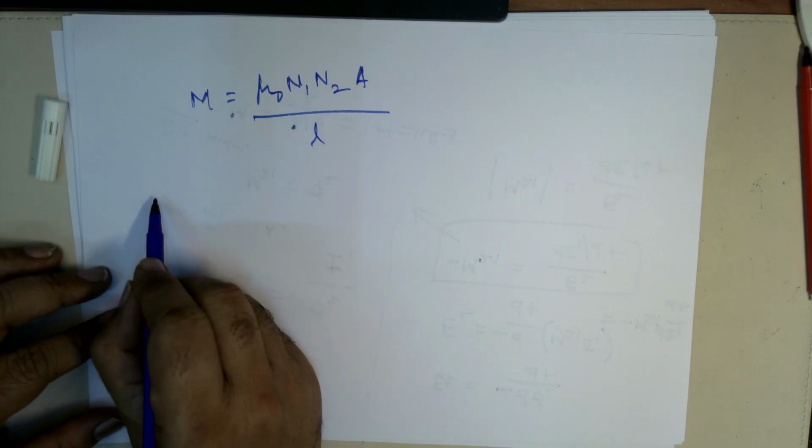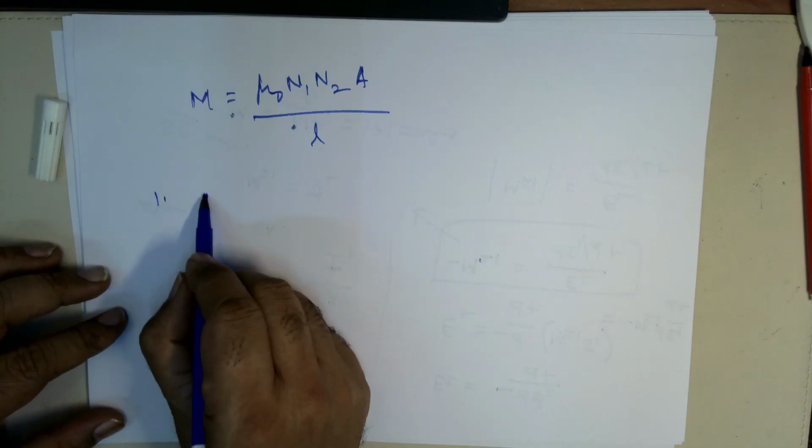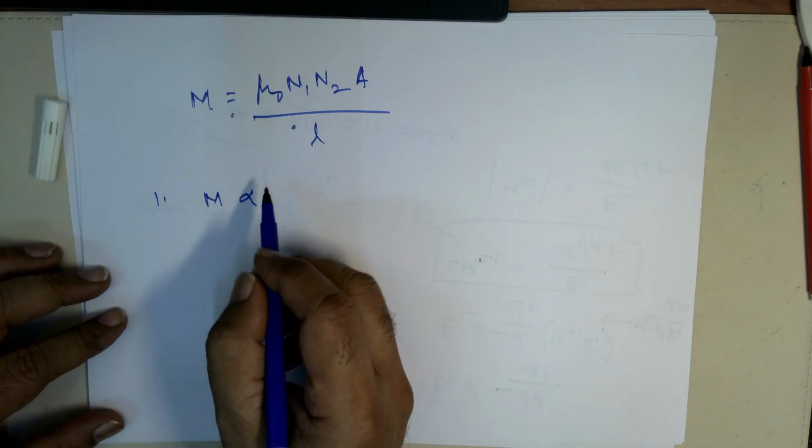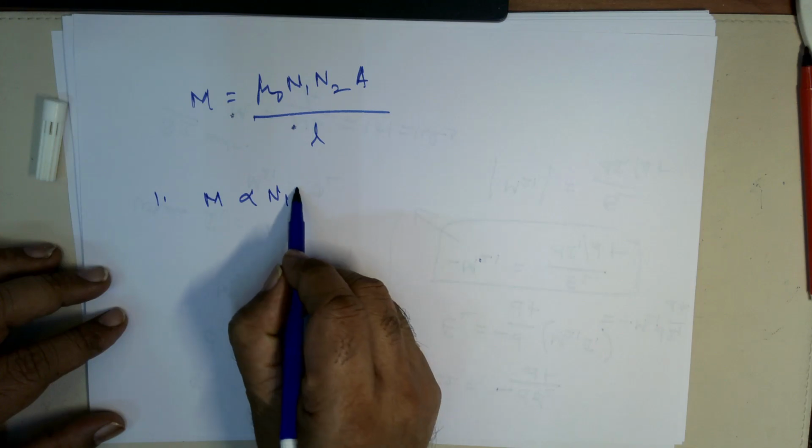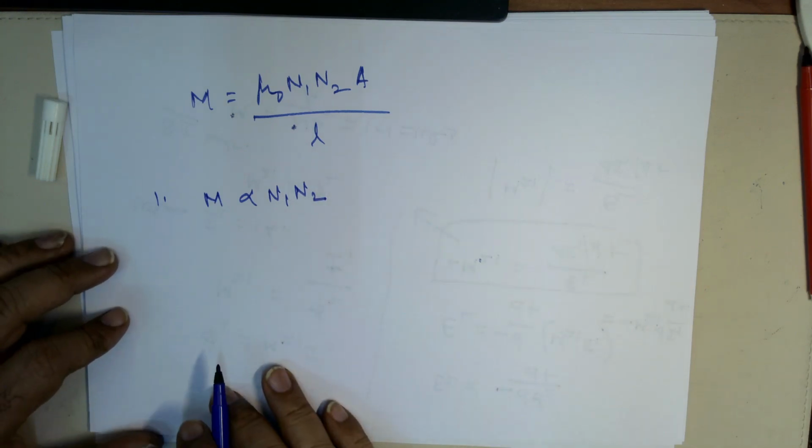So from this, it is clear that mutual inductance depends on the number of turns of the primary coil and the number of turns of the secondary coil.